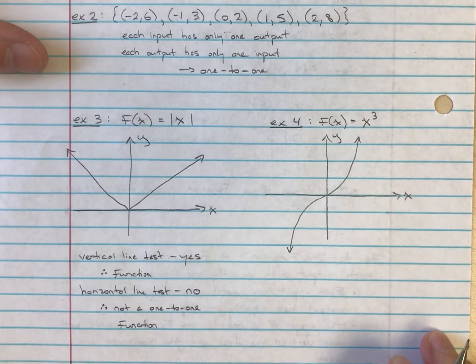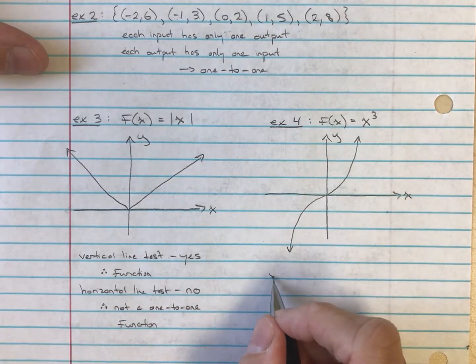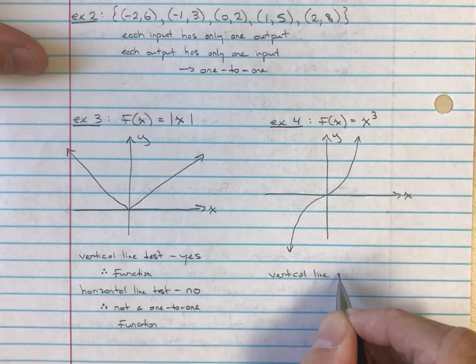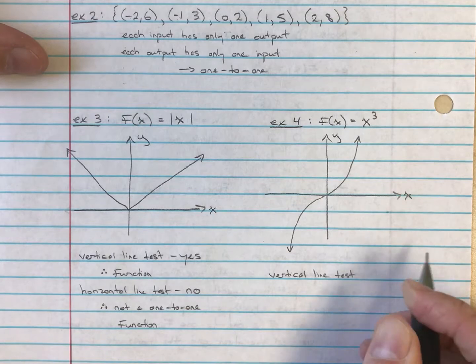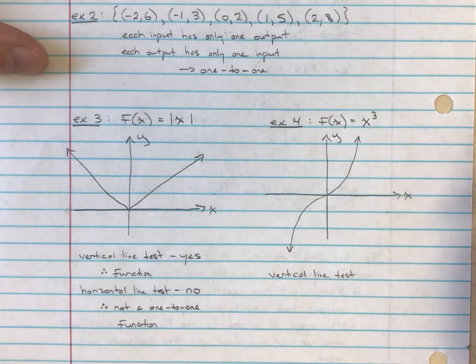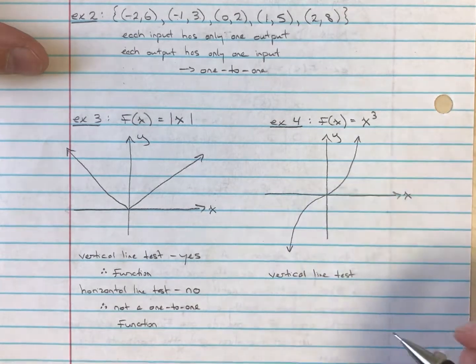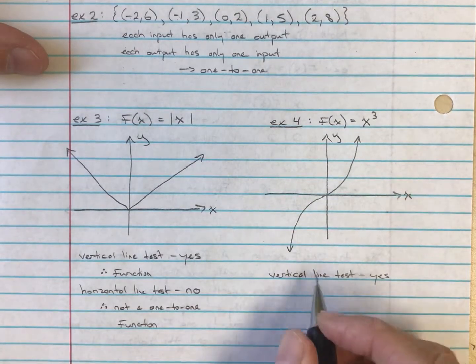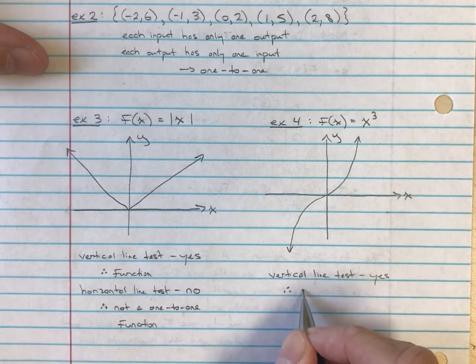Vertical line test. If I draw any vertical line, do I pass through the graph more than one time? The answer is I do not. So the vertical line test, yes, it passes. Therefore, it's a function.